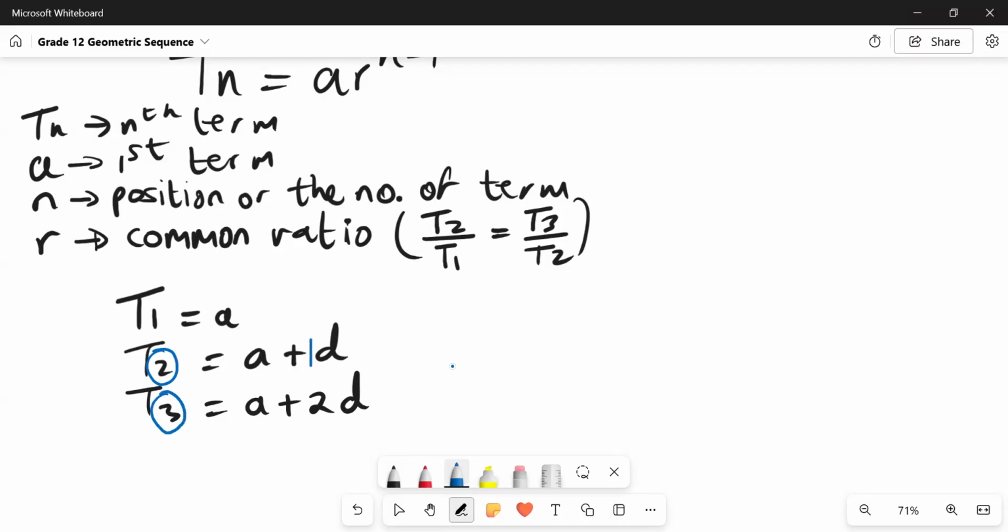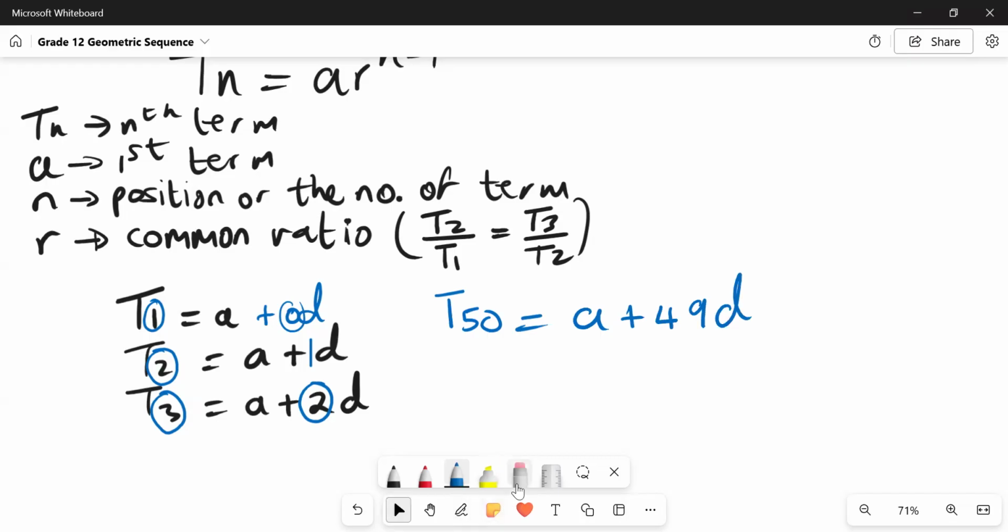If there's 3 there, there's 2. So if there's 1 there, there's 0 here. That's the pattern we have to use. So even if we go to T50, eventually we'll have A plus 49d, right?